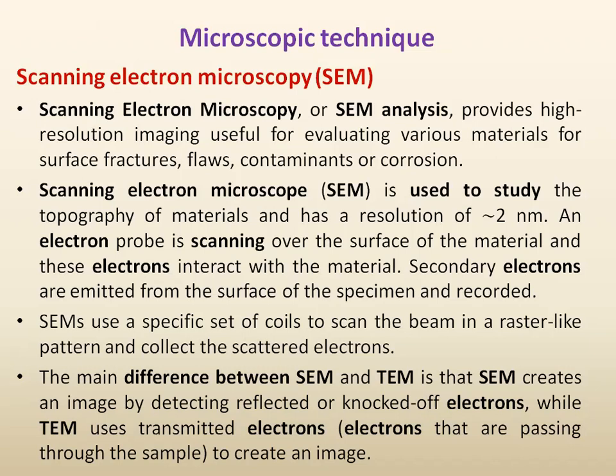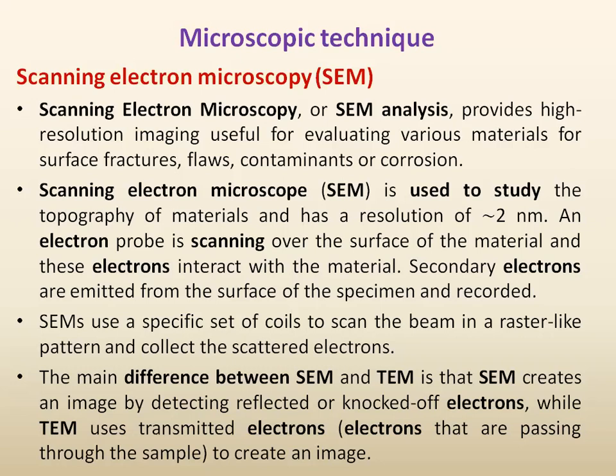So SEM is used for surface structure analysis. It is used to study the topography of materials and has a resolution of around 2 nanometers. In this technique, an electron probe is scanning over the surface.